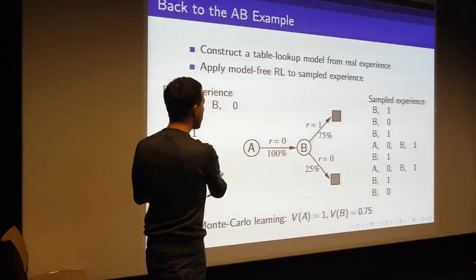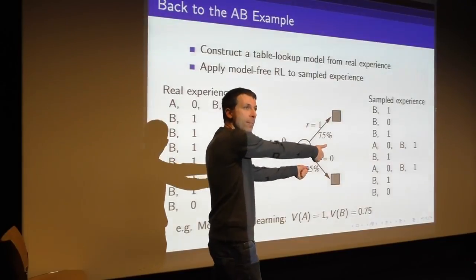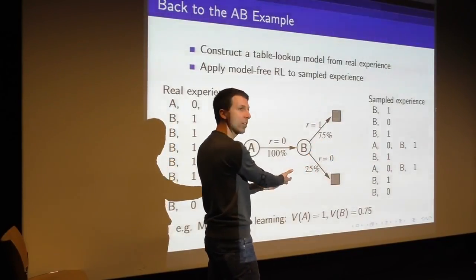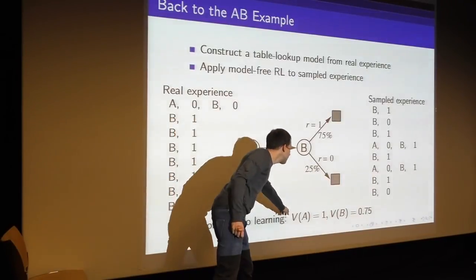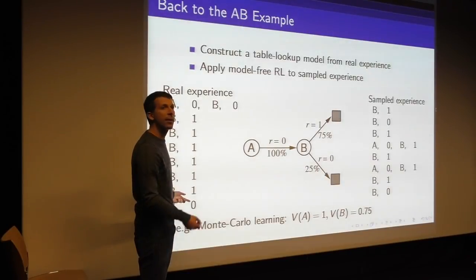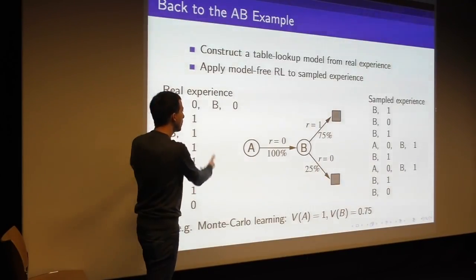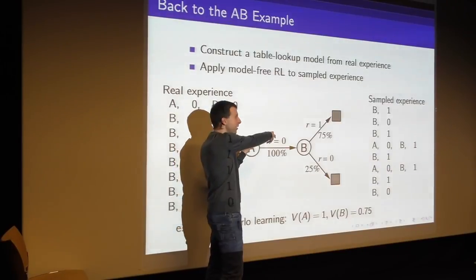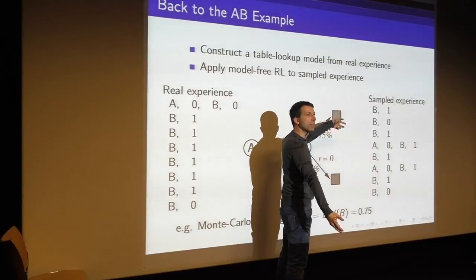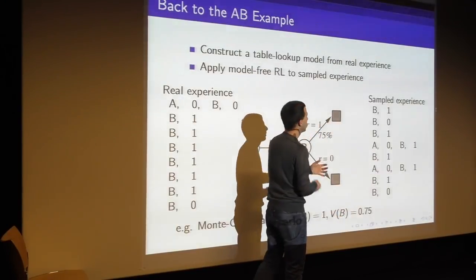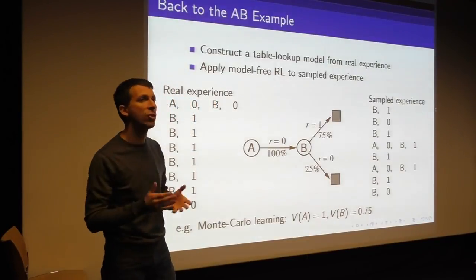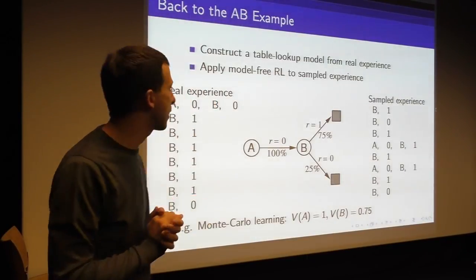So we started with real experience, we generated a model, we sampled experience from that model, we solved by model-free reinforcement learning to give us a value function, and that value function is different to the value function we'd have got if we'd applied it to the real experience directly. But asymptotically, if we run more and more, our model will get more and more accurate. If we generate more and more data from our model, we will ultimately end up with the right answer again. So it's a different way to arrive at a solution to a particular MDP.